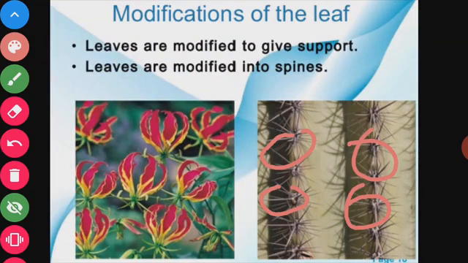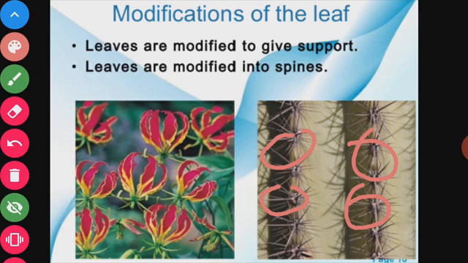In some plants, leaves are modified into tendrils to provide support to the weak stem, so that the weak stem grows on support.